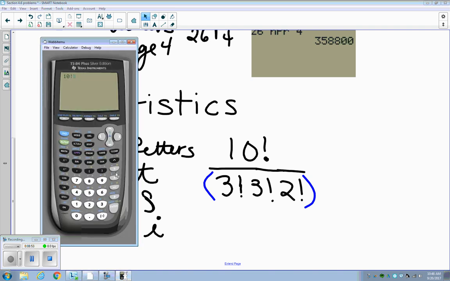So I'm going to put divided by, I'm going to put parenthesis, 3 factorial, go to the same menu there and pick up your factorial symbol, 3 factorial again, and 2 factorial. And I'm going to close my parenthesis. And I'm going to hit enter.